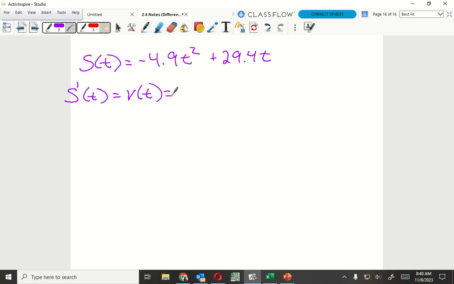So voodoo magic, what do we get? Jenny, what do you get? What do you do to the exponent? What's up front, right? So that's going to give me what?